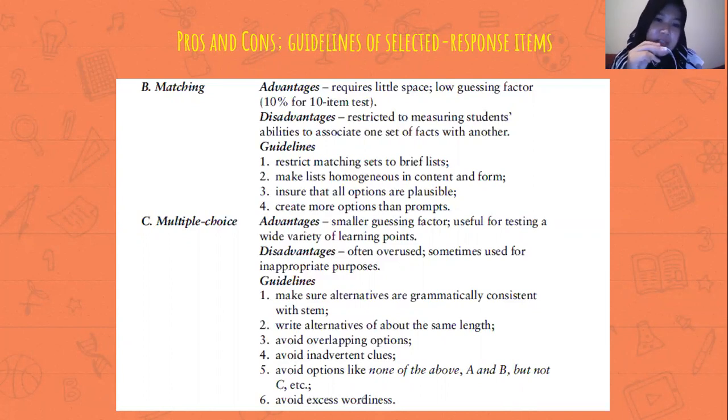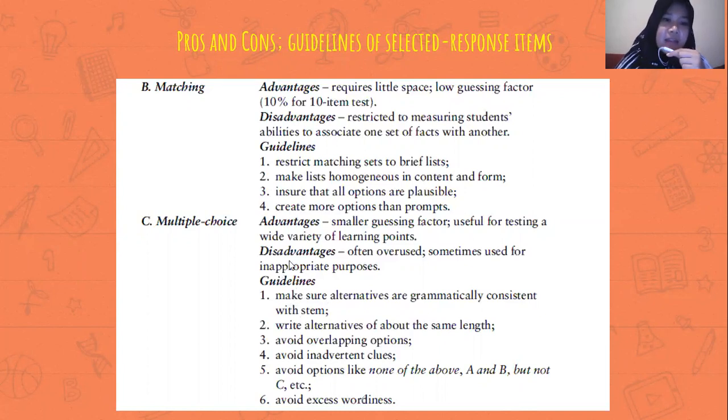The advantages of this kind of test is a smaller guessing factor, and it is useful for testing a wide variety of learning points, such as the TOEFL test or IELTS test, which need to measure complete skills of English. And then the disadvantages of this kind of test is it is often overused and sometimes used for inappropriate purposes.